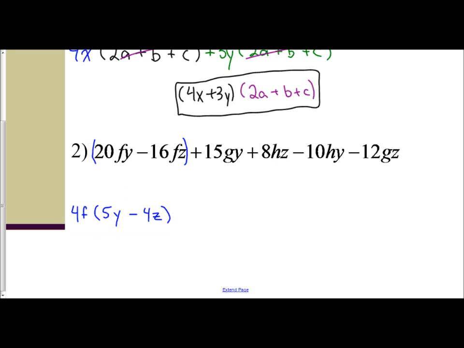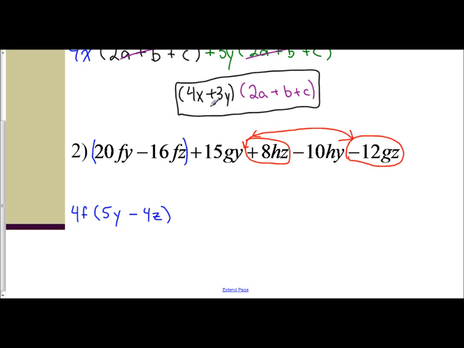I'm going to move this minus 12gz. I'm going to match it up next to the 15gy. And you notice numerically larger number, smaller number, larger number, smaller number. So when you move this, 8hz is going to have to flip positions with it.